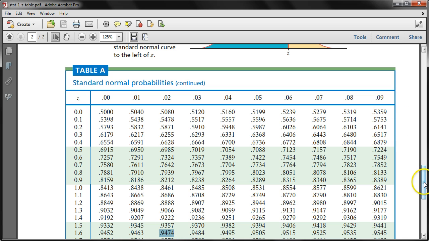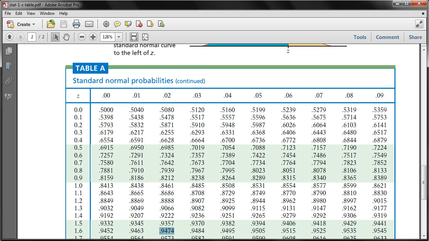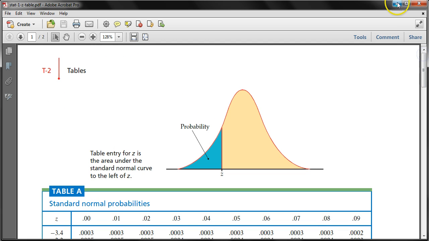I already highlighted 0.9474 is the desired probability or desired proportion. According to this normal table method, we got 0.9474. About 94.74% of the cars are driving at 70 miles per hour or less.